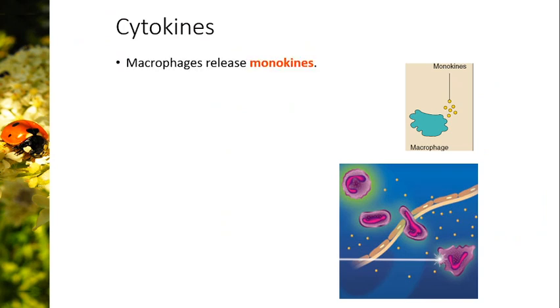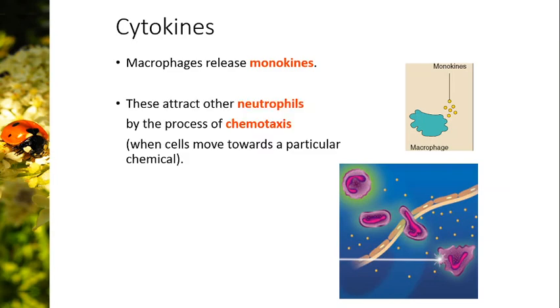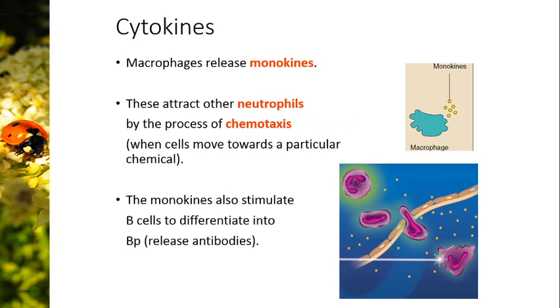So we have got the monokines that are released from the macrophages that will attract neutrophils through the process of chemotaxis, when a cell moves towards a particular chemical. Monokines will also stimulate the B cells to differentiate into B plasma cells and then release antibodies.